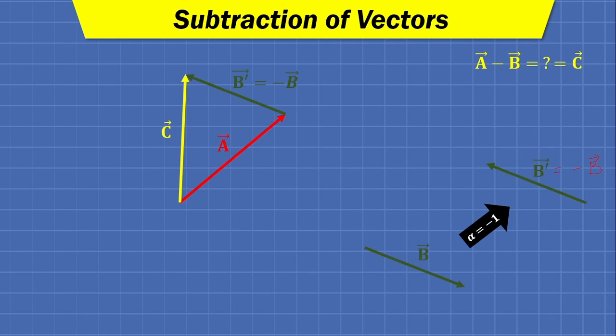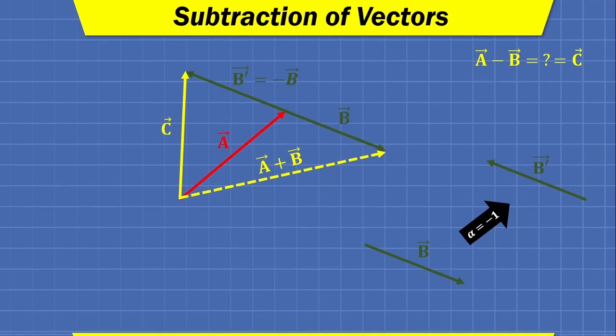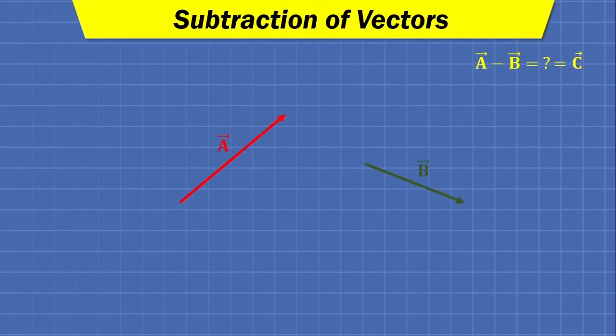So this c bar will be a bar minus b bar. Fine. So for your reference only, if you want to find a bar plus b bar, then this dotted line vector is the addition of a bar and b bar, and here c bar is the subtraction of a bar and b bar. We can also prove this with the help of the parallelogram method.